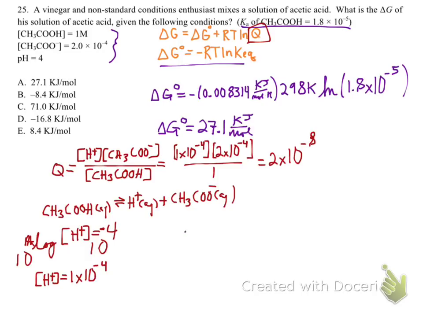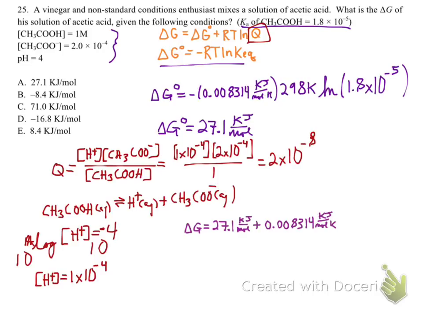There we have our Q, and now we can plug in to this equation up here. So delta G is going to equal our delta G standard, 27.1 kilojoules per mole, plus R, 0.008314 kilojoules per mole Kelvin.